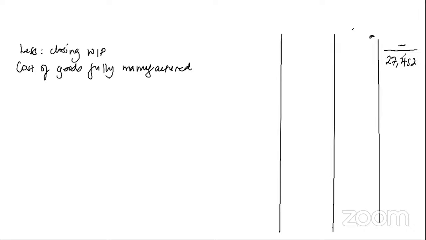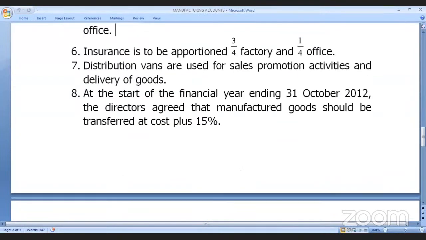If I'm to take you back to the question briefly, they are telling you that at the start of the financial year ending 31st October 2012, the directors agreed that the manufactured goods should be transferred at cost plus 15% markup, meaning that the manufactured goods are transferred to the trading account at their market value.